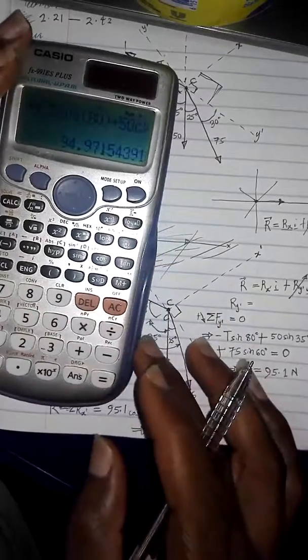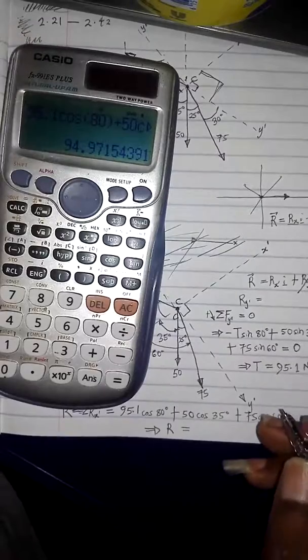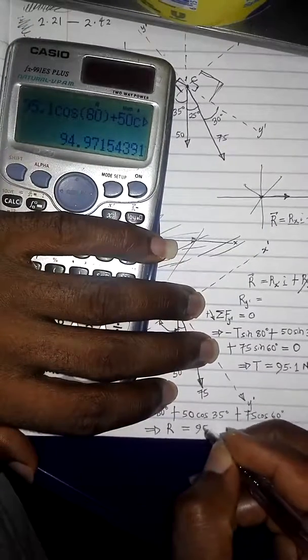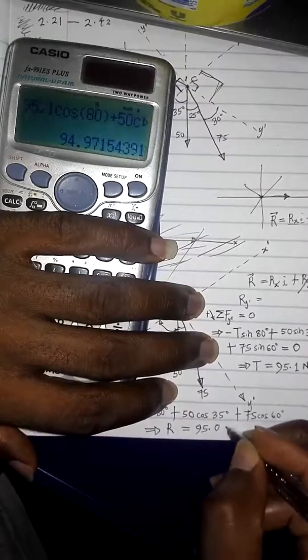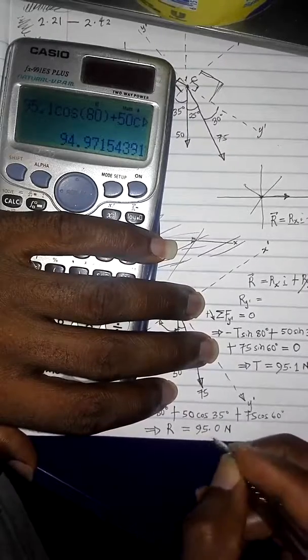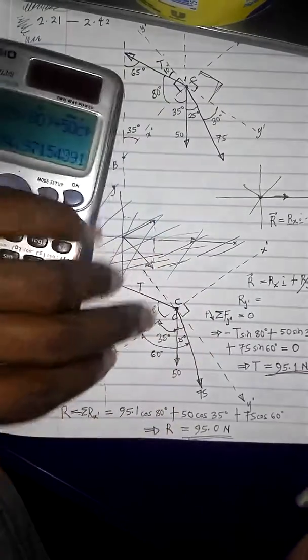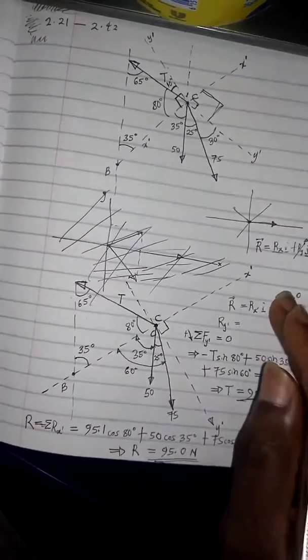So that will give us our answer, 94.97. So that's just 95.0 Newton. So that is that about that. So that's the answer. That's the way to deal with questions like this.